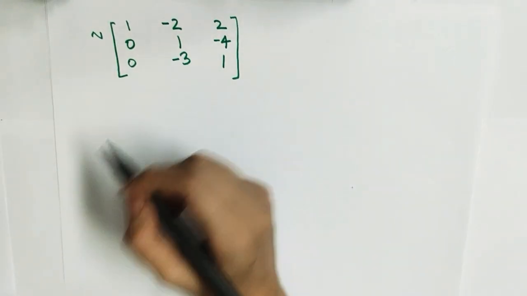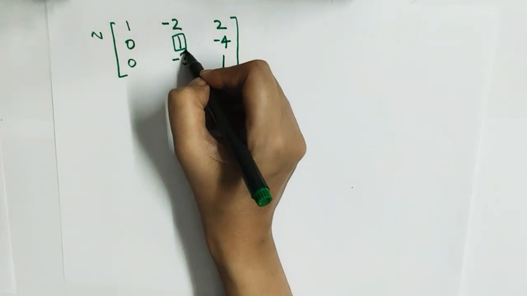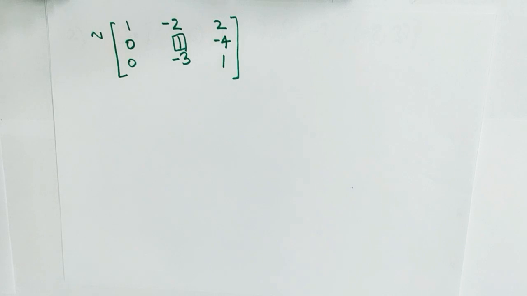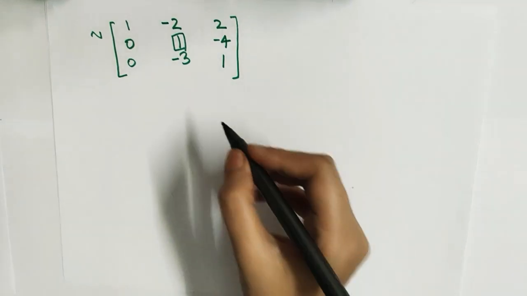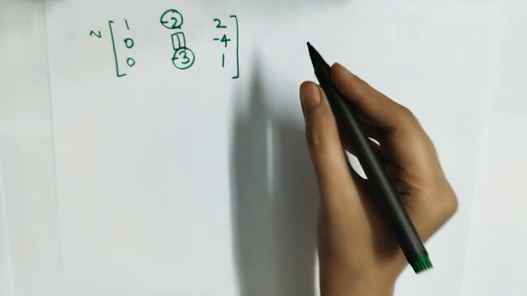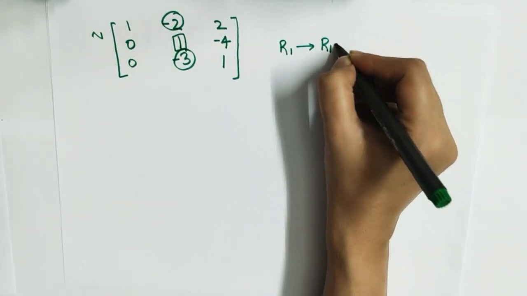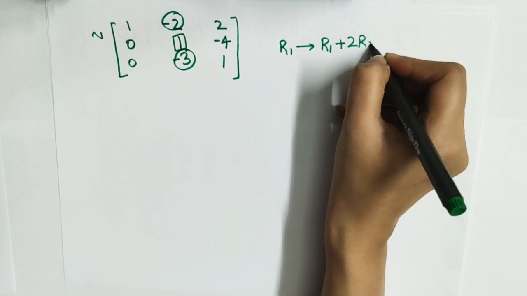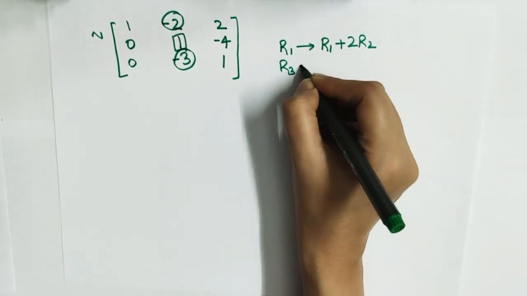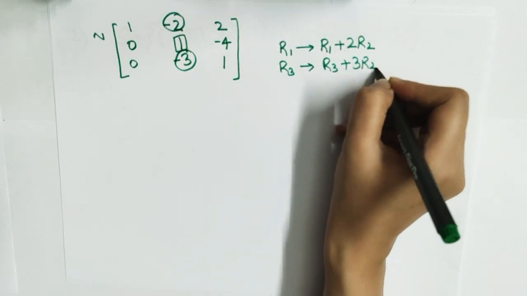After this step, I move on to my next pivot. This is my next pivot, next row, first non-zero entry. Now I try to make the entries above and below it 0 by applying the operations R1 goes to R1 plus 2 times R2, and R3 goes to R3 plus 3 times R2.